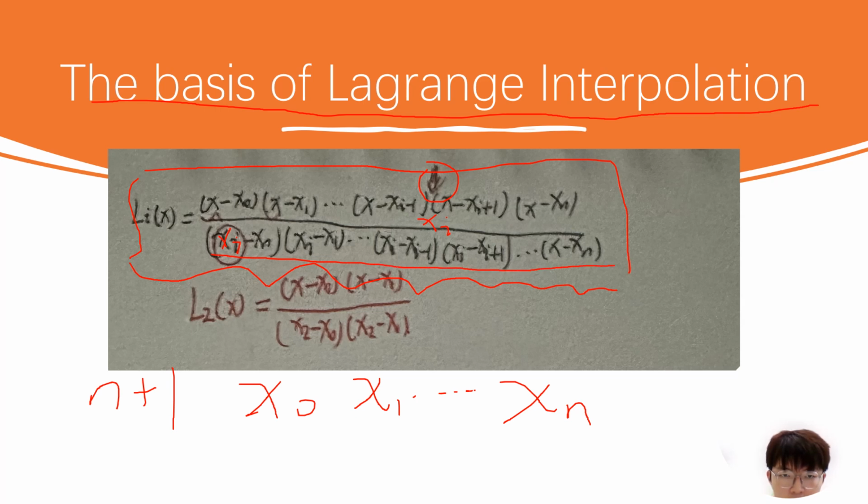For example, L2(x) is (x minus x0) multiplied by (x minus x1) over (x2 minus x0) multiplied by (x2 minus x1).